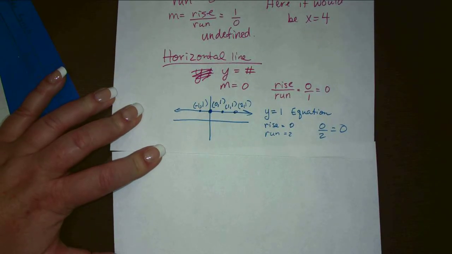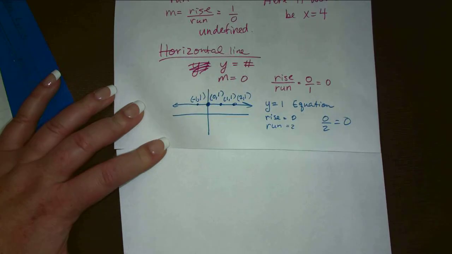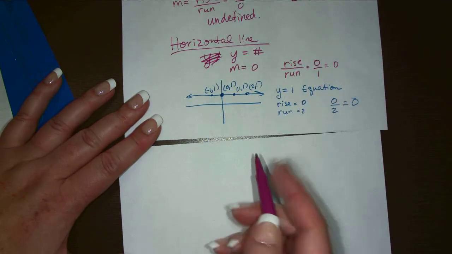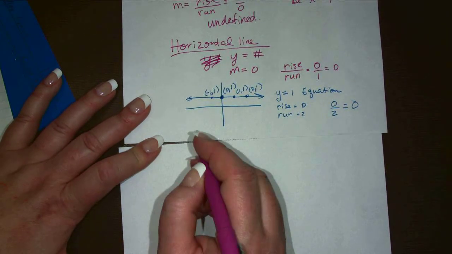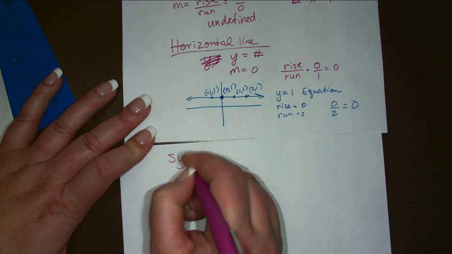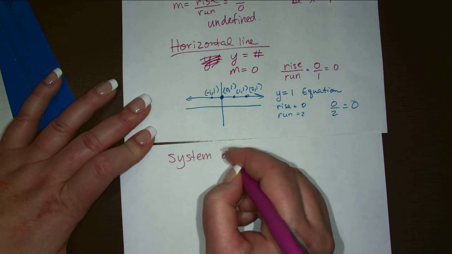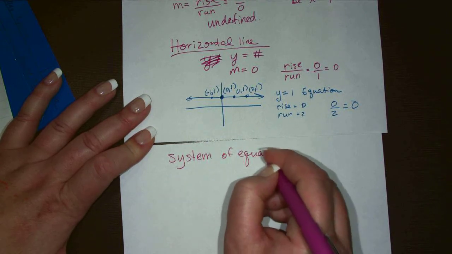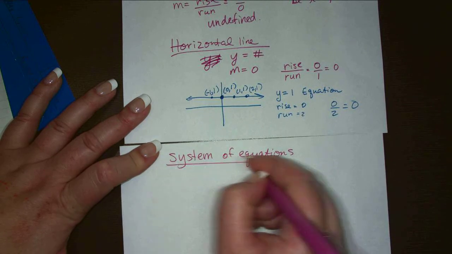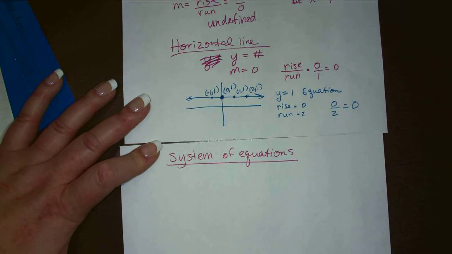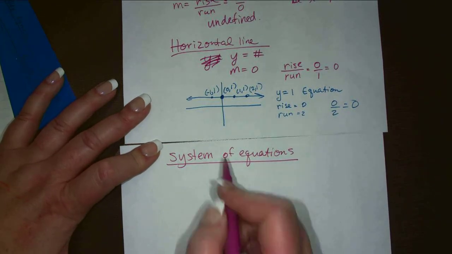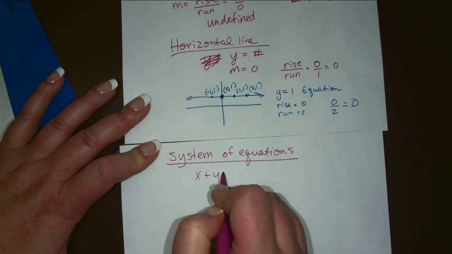Okay, so when we have two equations together, a system of equations, now a system of equations can be two or more equations together. We're only going to do two. So say we take x plus y equals 4 and 2x plus 4y equals 6.